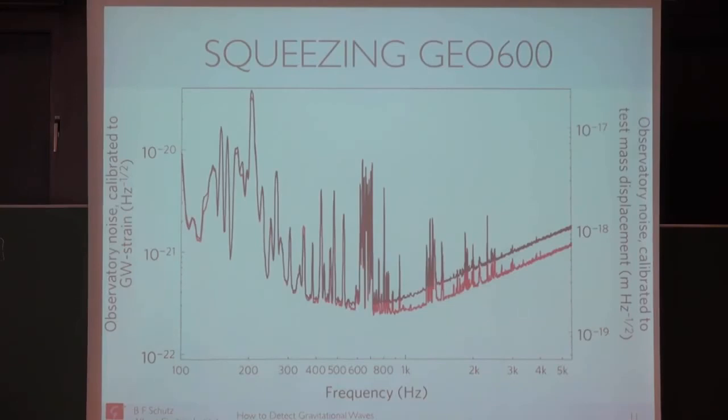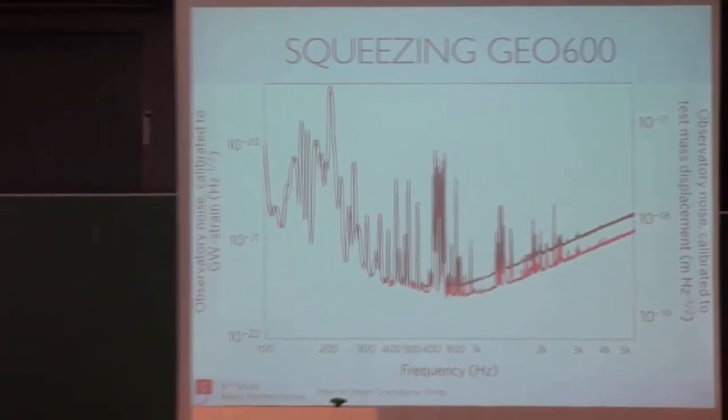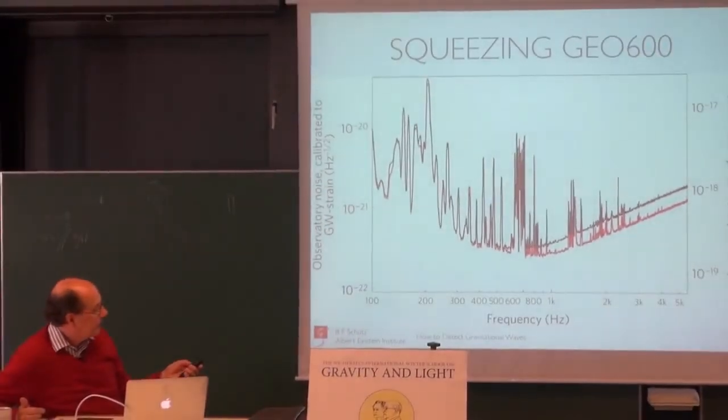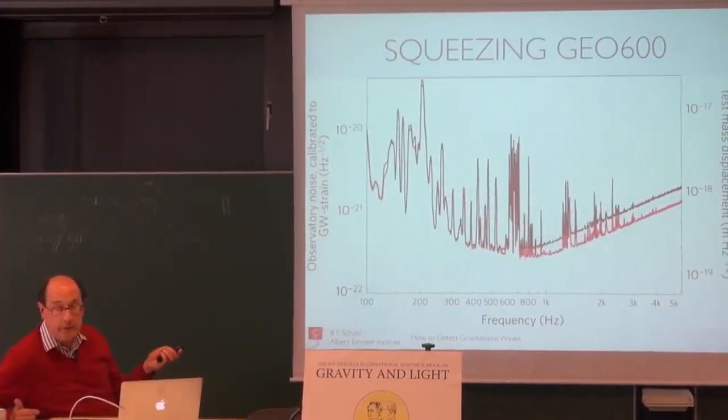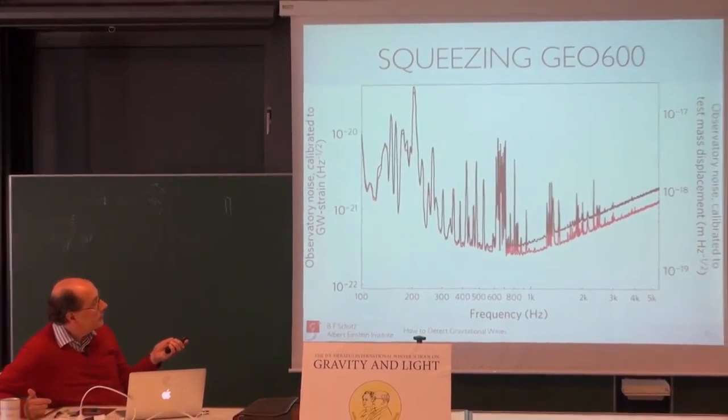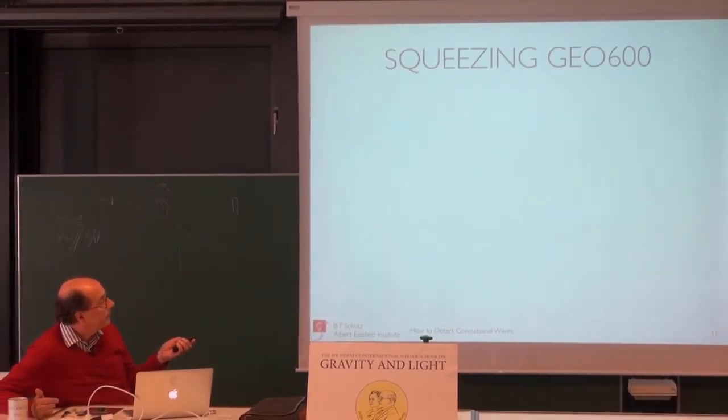So you get 10 times as many gravitational wave sources by just introducing squeezing by a factor of 2 or 2.5, something like that. So that's a really significant improvement in your gravitational wave detection ability. And it's all done with the deepest quantum mechanics, totally mysterious.